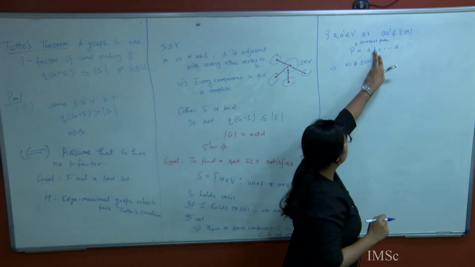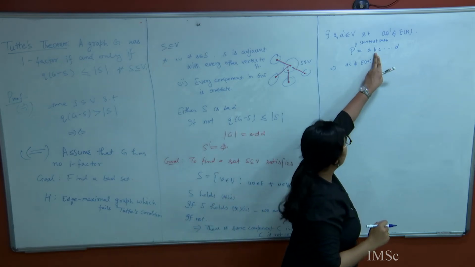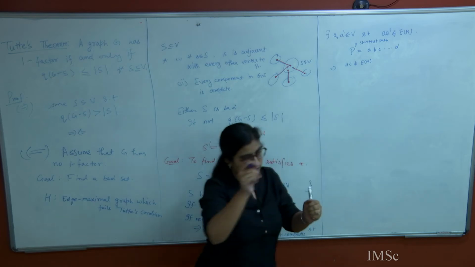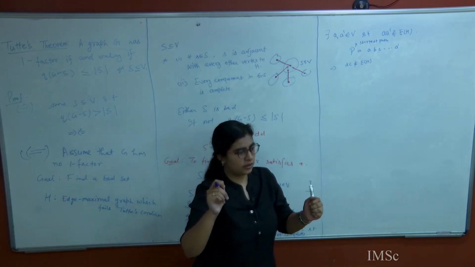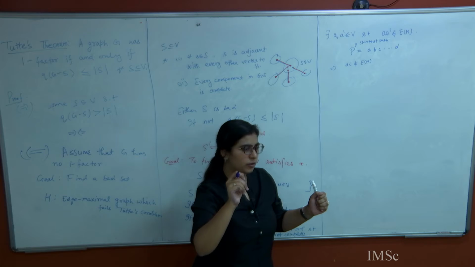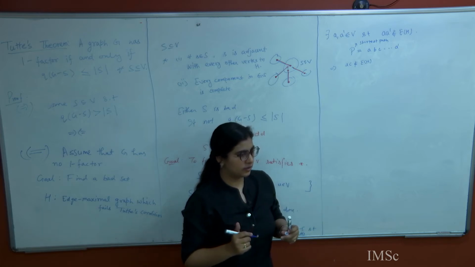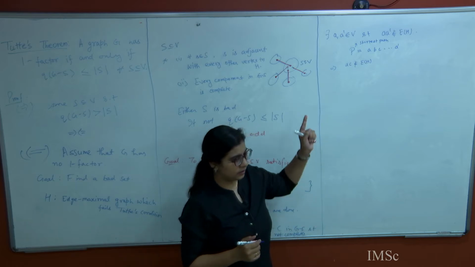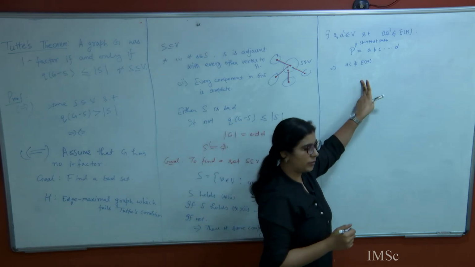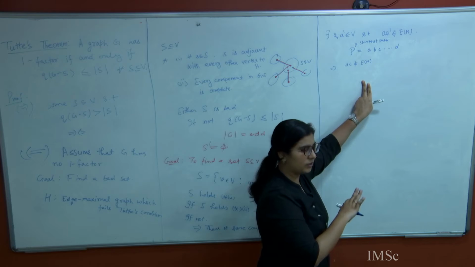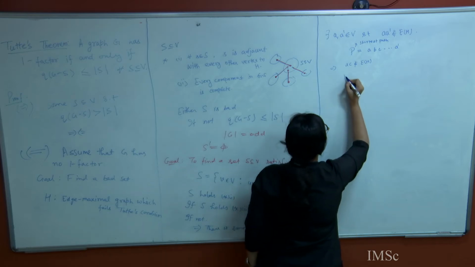Now look at the vertex B. For B also I want to find some non-neighbor. Last time you had questions about this. Can you find some non-neighbor for B?